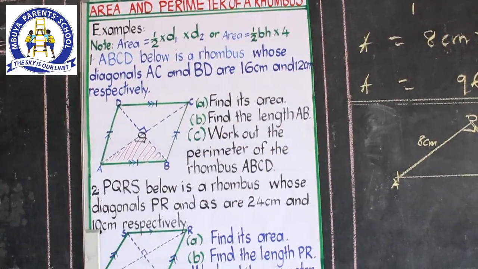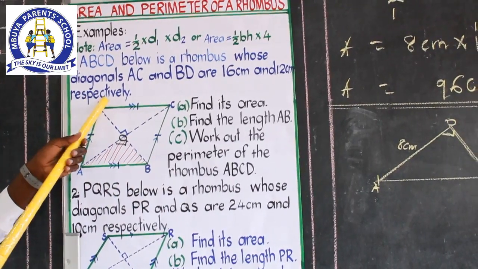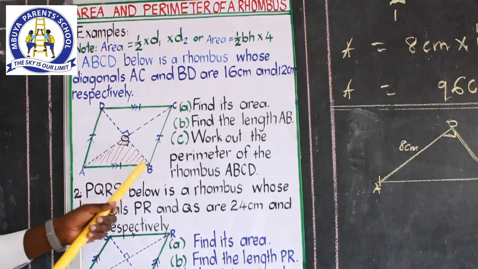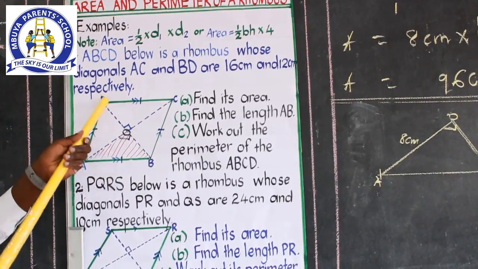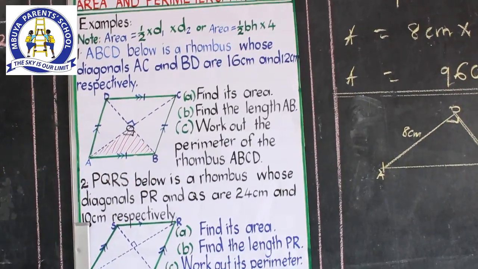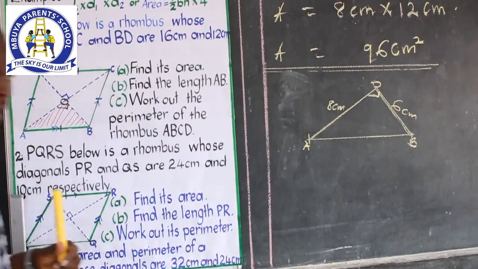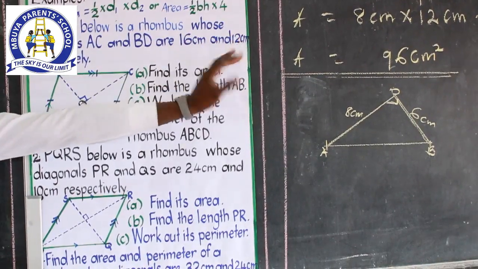Now we need OB. We've seen that the minor diagonal BD is 12 centimeters. So a half of this will be 6, meaning that from B to O is 6, and O to D is 6, a total of 12. So we have our 6 centimeters there. From that point, we can now apply our Pythagoras theorem.